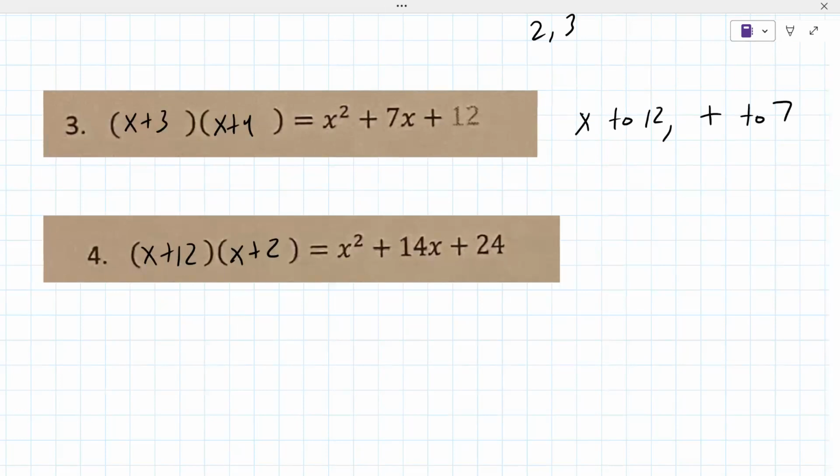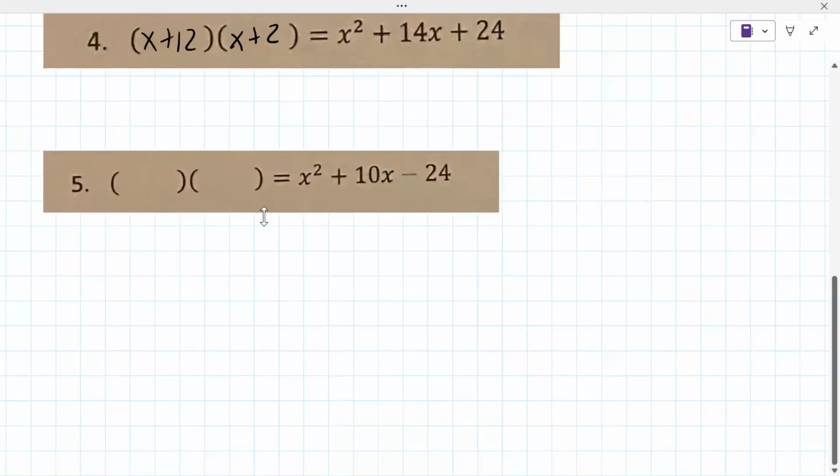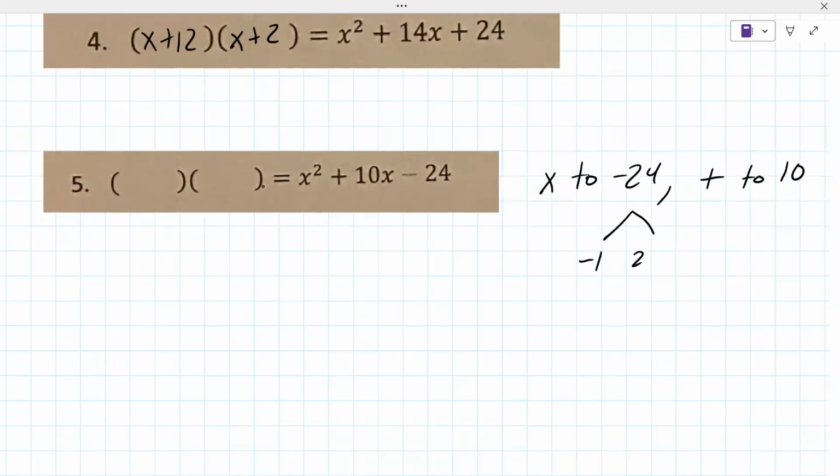All right, so number 5 starts a new sequence of problems. There's actually 3 types that are taught in Algebra 1. So now you're looking for two numbers that multiply to -24, but add to 10. This is where students tend to struggle the most because they don't want to list out all the possibilities.